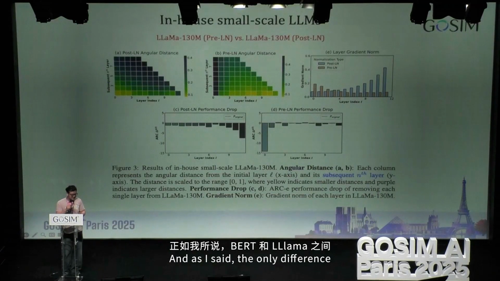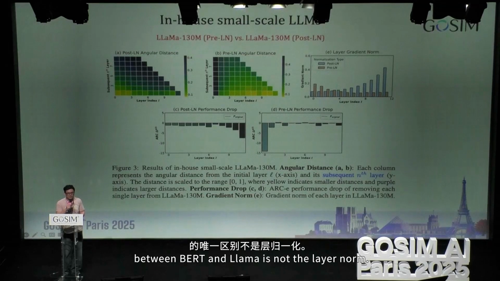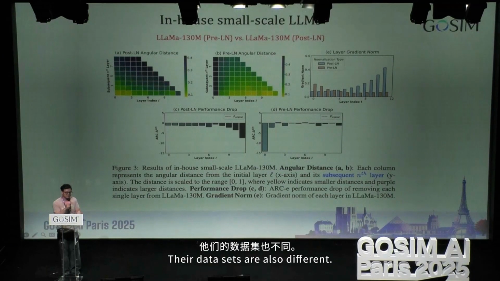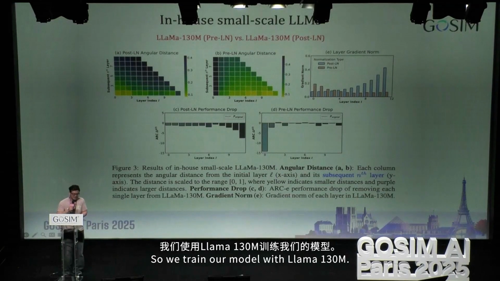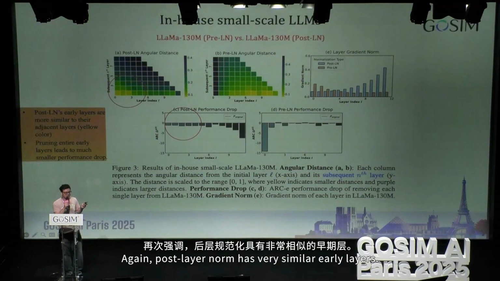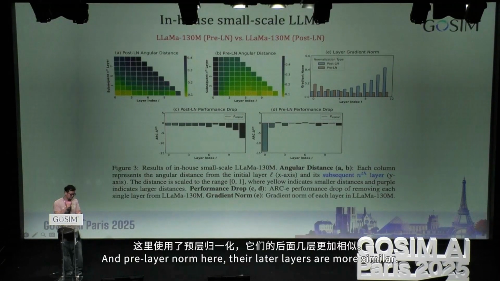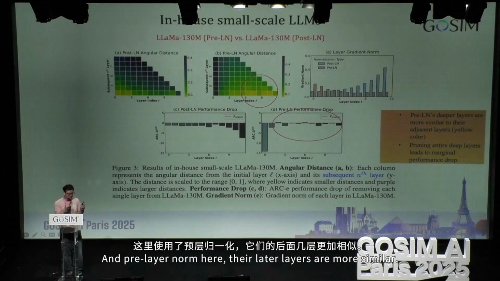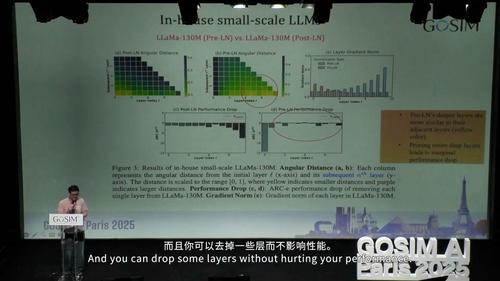And as I said, the only difference between BERT and Llama is not the layer norm. Their dataset is also different. So we train our model with Llama 130M, with the only difference being layer norm. And again, post-layer norm has very similar early layers, and with pre-layer norm, the later layers are more similar, and you can drop some layers without hurting your performance.